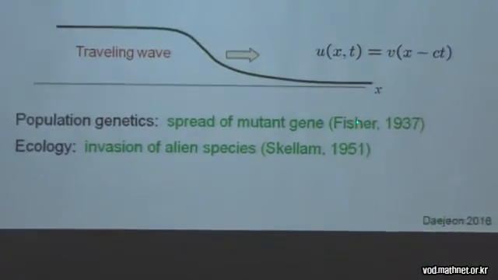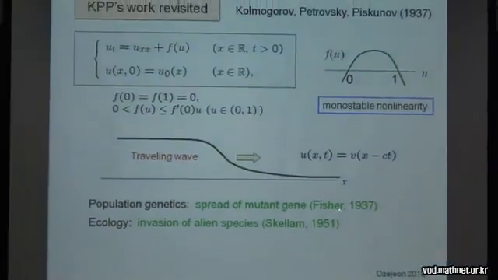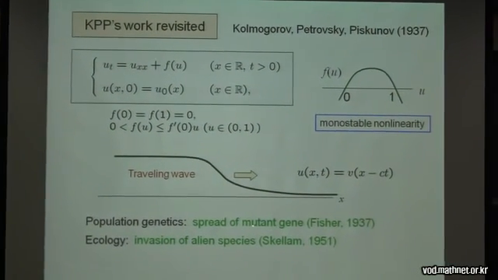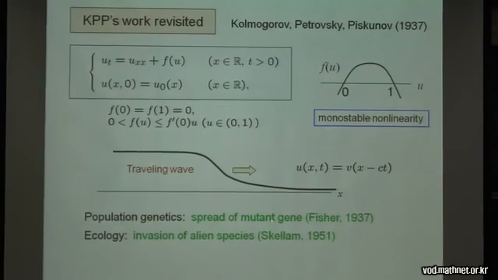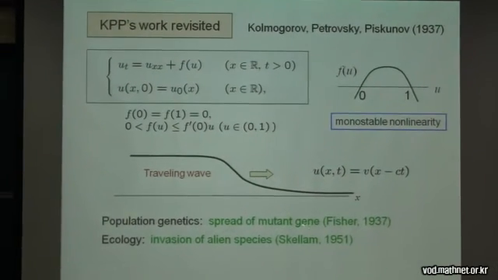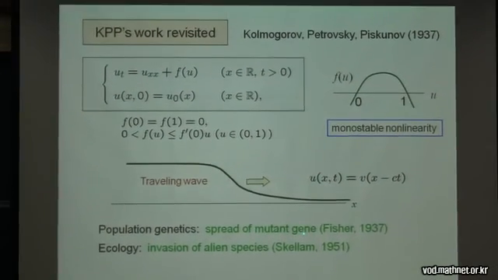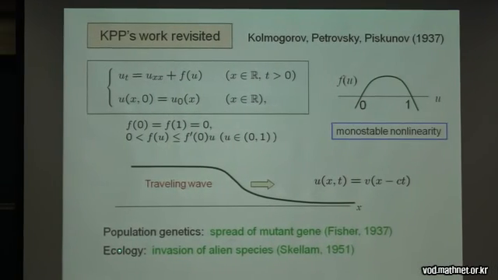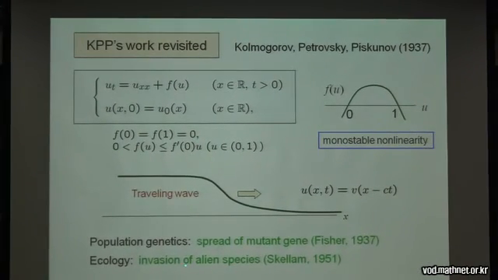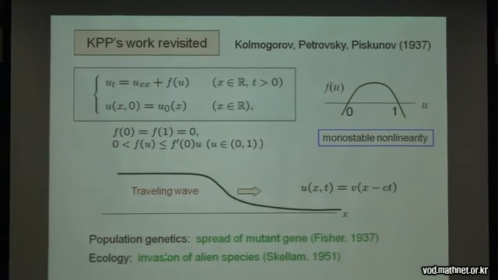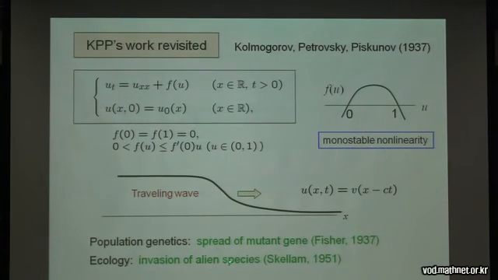by Fisher in the context of population genetics, how mutant genes spread within a given population, in the 1930s. And as I said, in ecology, Skellam used this equation as a model for the invasion of alien species.